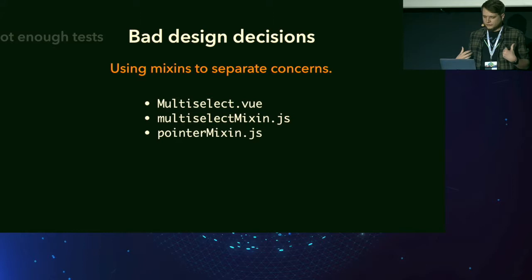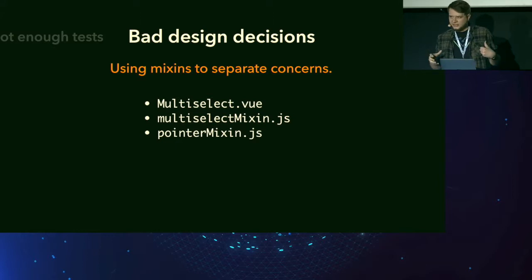Okay, another issue or decision that I made was, because I wanted to make the components simpler, I figured I would try to separate concerns using mixins. Like, hey, there is the pointer mixin, and it takes care of basically controlling and highlighting the elements when you click the arrow buttons. And that was basically the only thing that I could extract, which wasn't so strongly coupled to everything else.